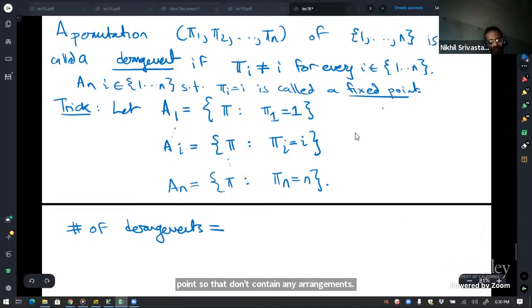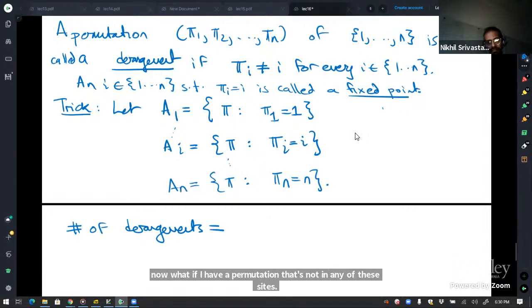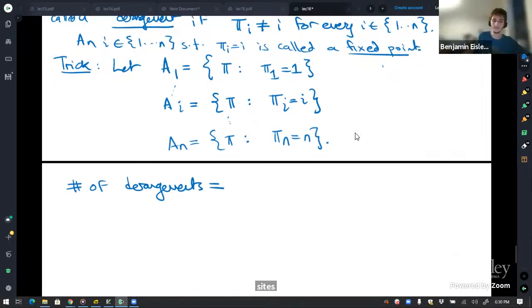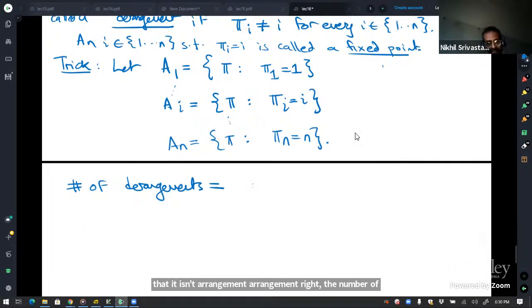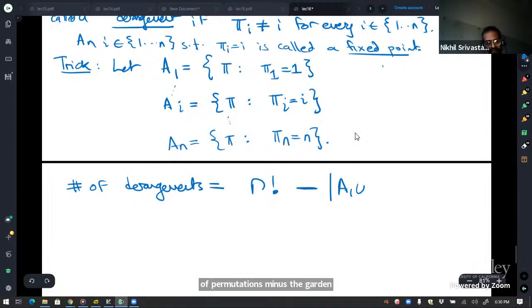But now what if I have a permutation that's not in any of these sets? Then it is a derangement. The number of derangements is n factorial, the total number of permutations, minus the cardinality of the union of all of these sets.